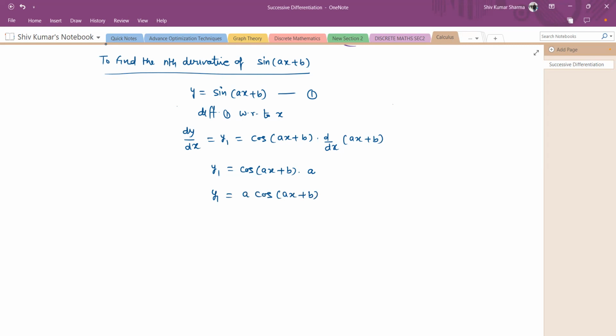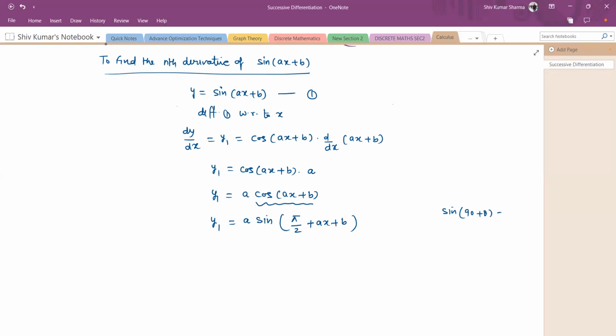Okay, so how do we write this cos(ax+b) in terms of sine? We write y1 is equal to a into sin(pi/2 + ax + b). Since sin(90 + theta) is equal to cos theta.